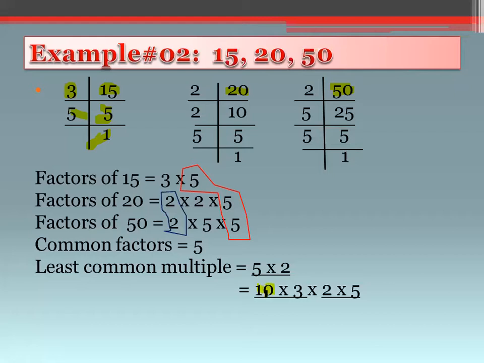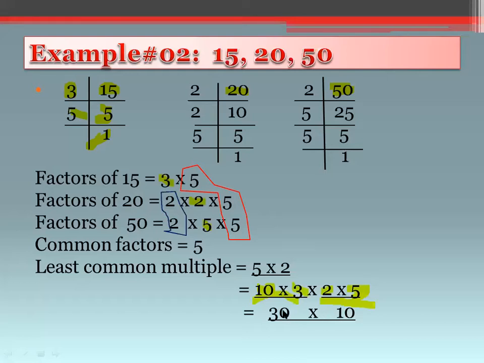And then you will write all the numbers that are uncommon, that are 3, 2, and 5. Next you will make a pair of these numbers to make your calculation easier. So you will multiply 10 by 3 and 2 by 5. 10 multiplied by 3 will become 30 and 2 multiplied by 5 will become 10.